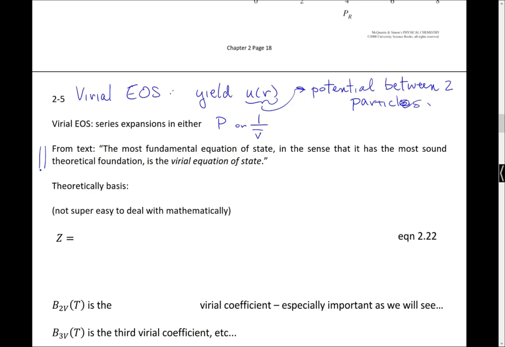When we talked about the van der Waals equation, Redlich-Kwong, and Peng-Robinson, we did a pseudo derivation of the van der Waals equation. And then we introduced the other two equations of state, and those aren't derivable. Those are things that just happen to work. It turns out that the virial equation of state can be exactly derived by looking at interactions between the particles.